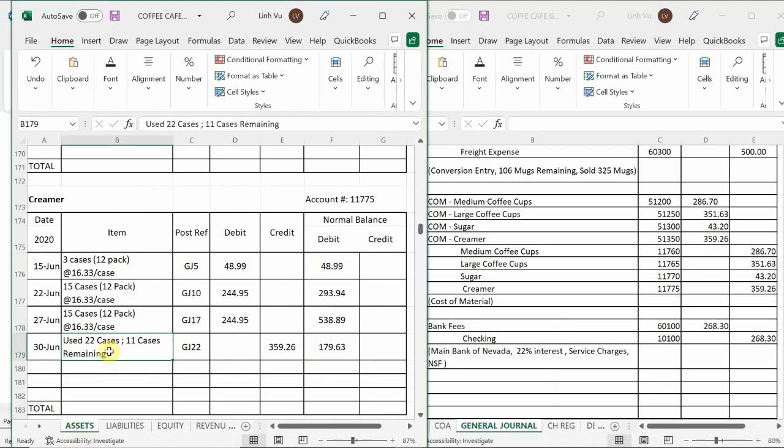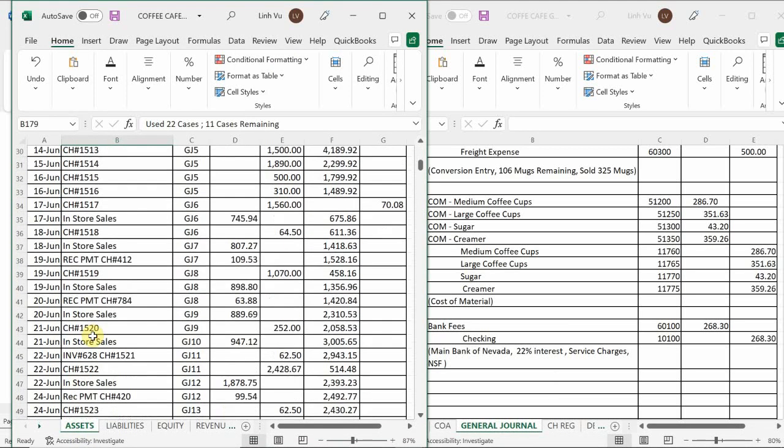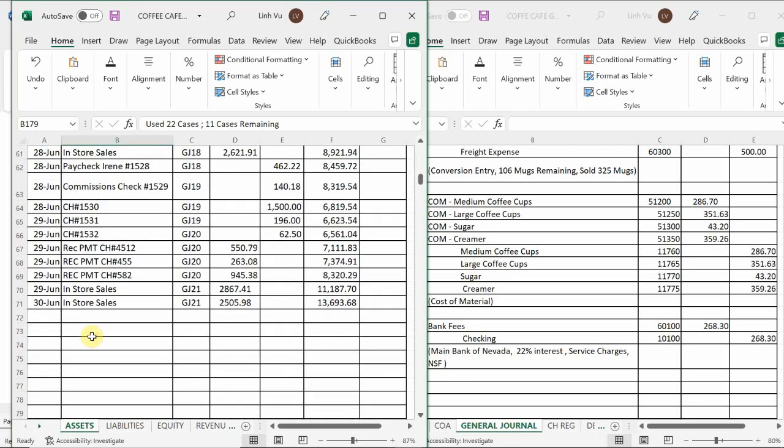So the ledger checking account, June 30th, which subtracted a total of $268.30. Right? So in this case, how much money should you now have in your checking account?